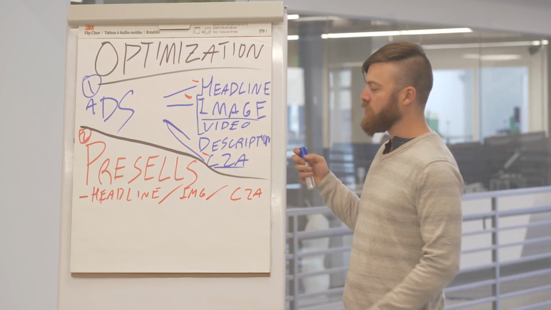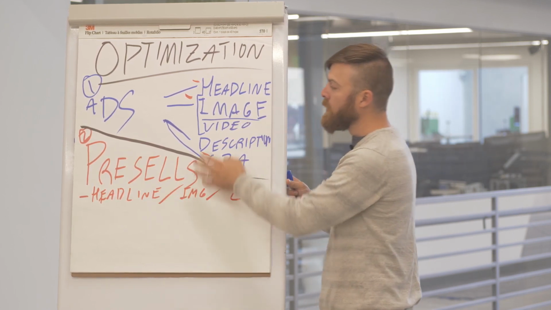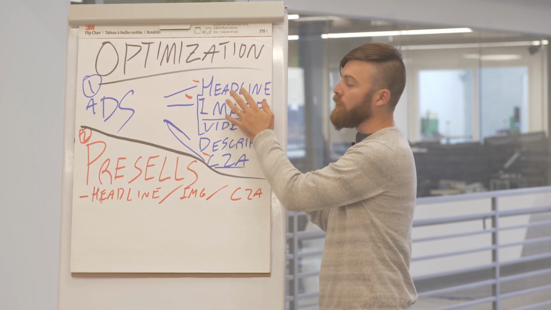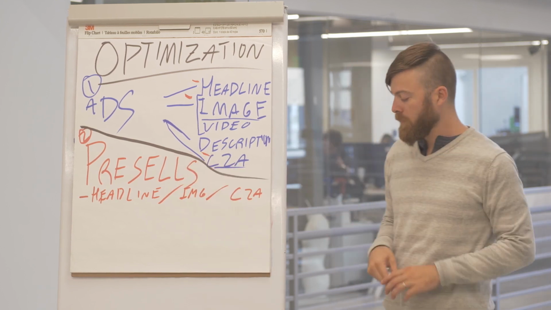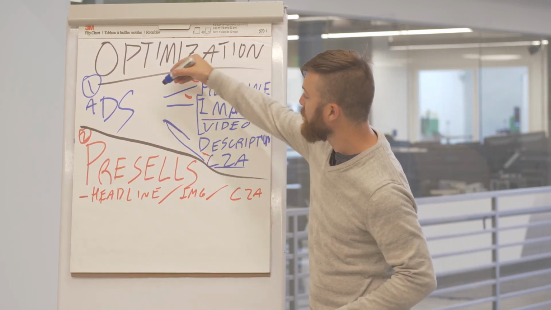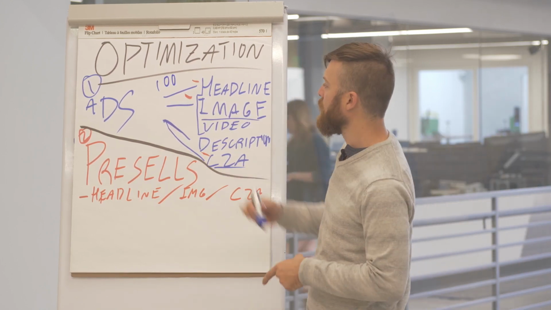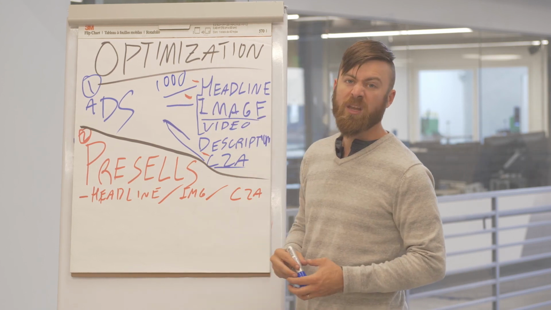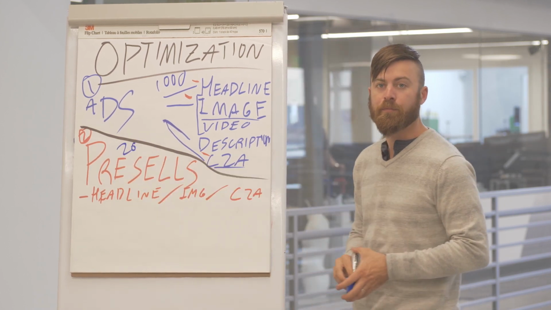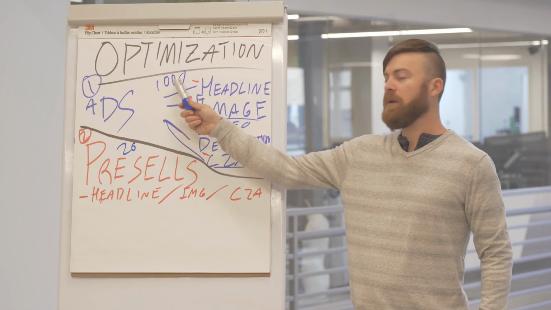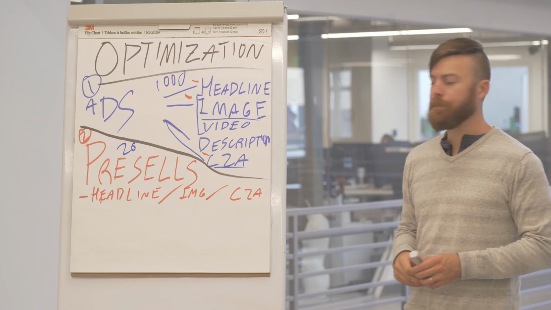The reason we generally spend more time testing up here, and you don't really need to test much down here, is because more people are going to see your ads than are going to see your pre-sale page. Remember, out of 1,000 people that see your ads, maybe only 20 people will see your pre-sale page. So we spend the most time where there's the most action. Got it?